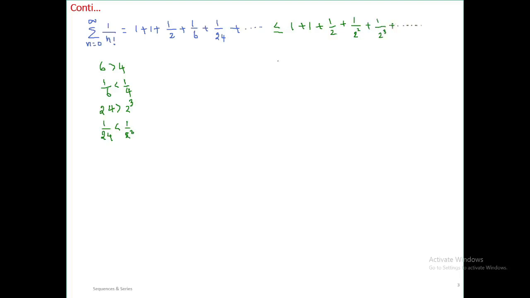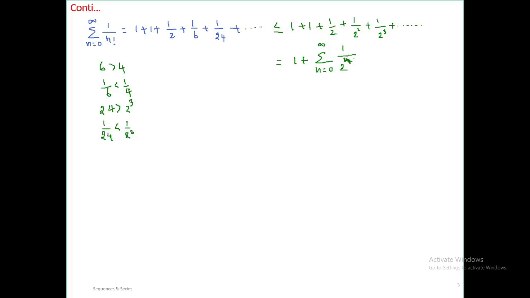So indirectly this will be 1 plus the series where n is running from 0 to infinity of 1 upon 2 to the power n, right? If n is 0, 1 upon 2 power 0 is 1, so the first term is 1. So from here onwards, from the second term onwards, this series will give the terms.